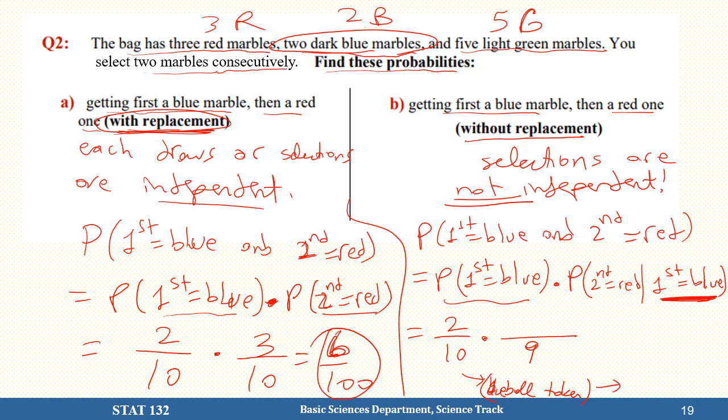So the 9 balls are now 3 red, 1 blue, and 5 green left. So the question is, what's the second is red, so it will be 3 over 9. So it will be 2 over 10 times 3 over 9, so which is 6 over 90, which is 1 over 15.